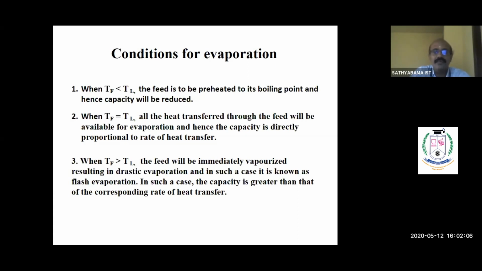That is, as soon as the feed material enters the evaporator tube, the evaporation process will start immediately, and therefore the capacity will be directly proportional to the rate of heat transfer. Whenever TF is far greater than TL, the feed will be immediately vaporized. So in the second case, it is gradual evaporation, whereas in the third it is immediate vaporization.